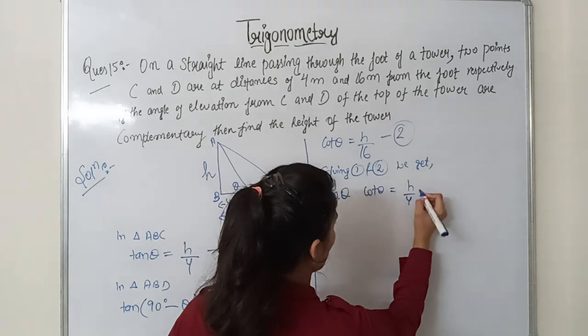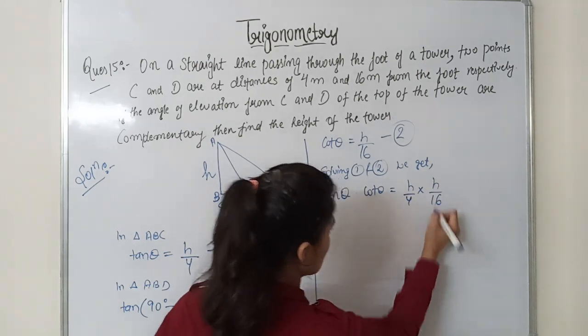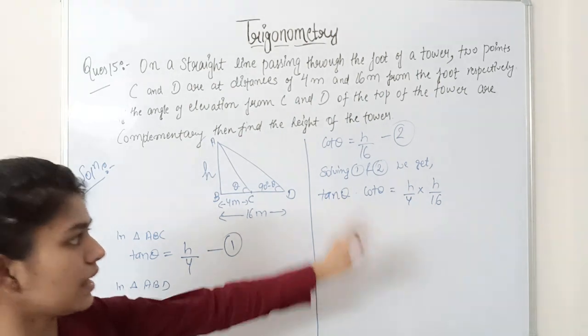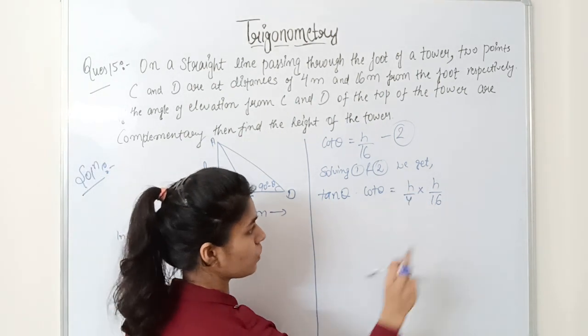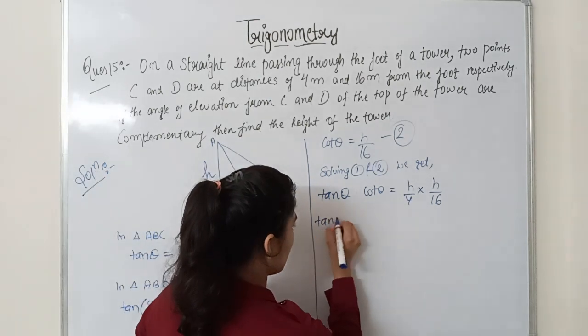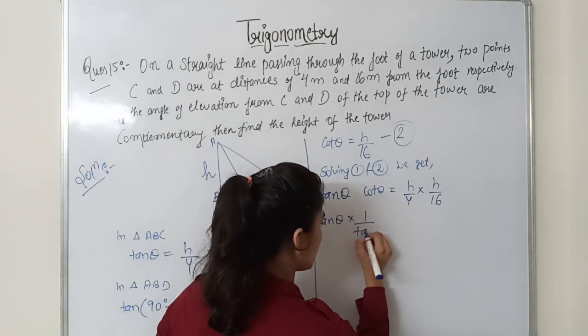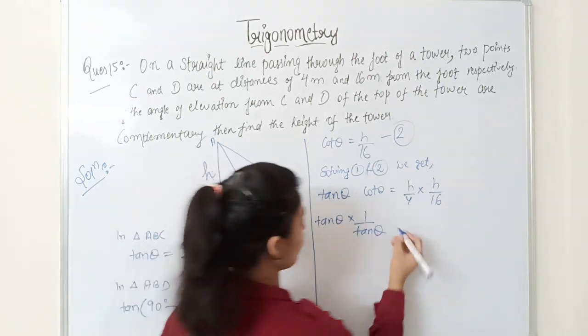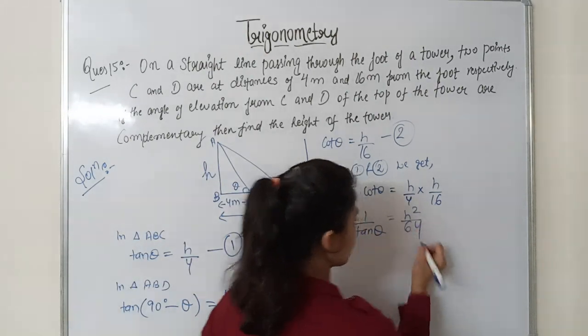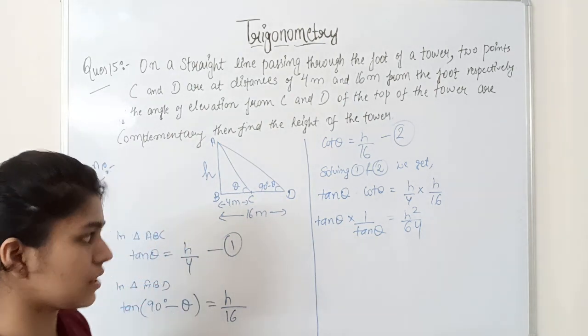So tan theta into cot theta is equal to h by 4 into h by 16. Tan theta into 1 upon tan theta, because cot theta is the reciprocal of tan theta. This will be h square upon 64. 16 into 4 is 64.